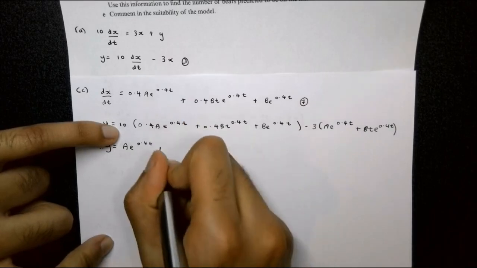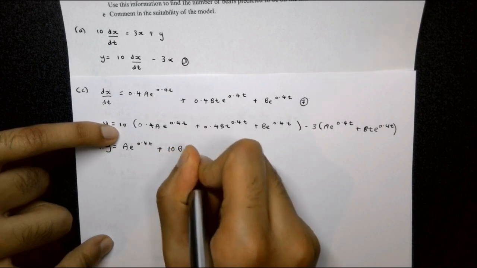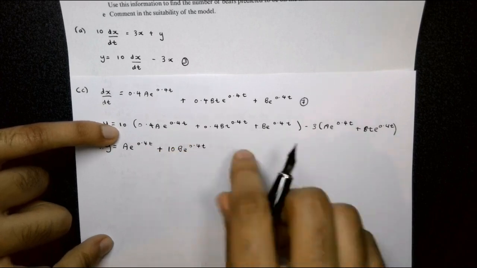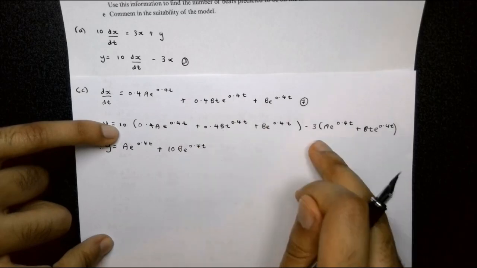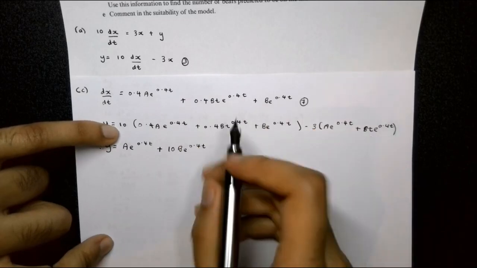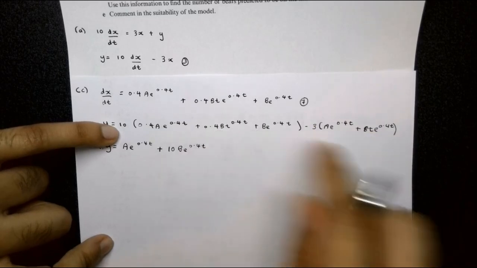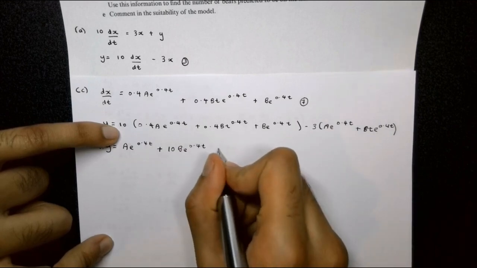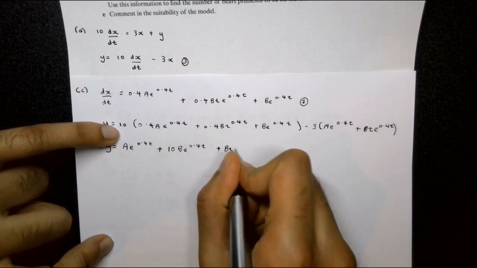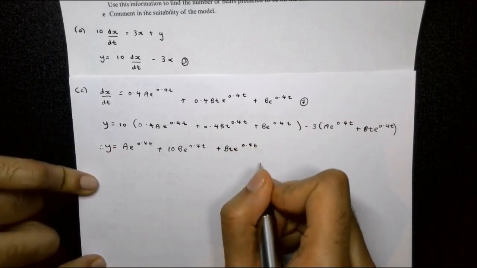So we add on 10b e to the 0.4t, and then we've got 10 lots of this term minus 3 lots of this term. So we have 10 times 0.4 minus the 3, that's 1, so we have here bt e to the 0.4t. So that's how we do part C.